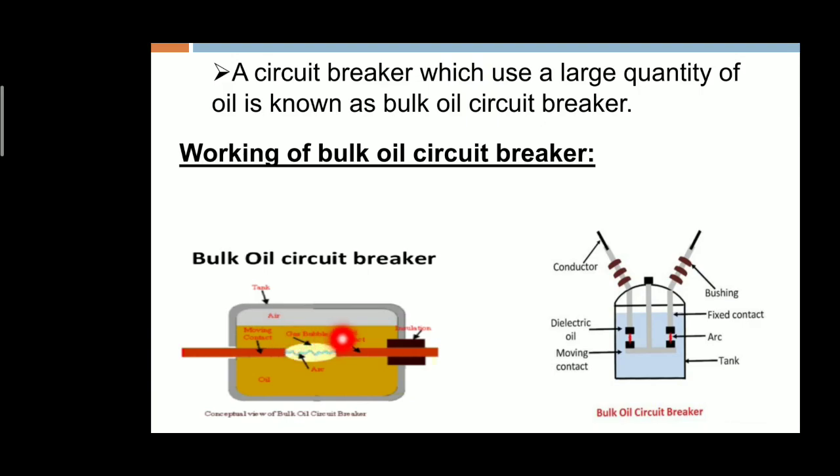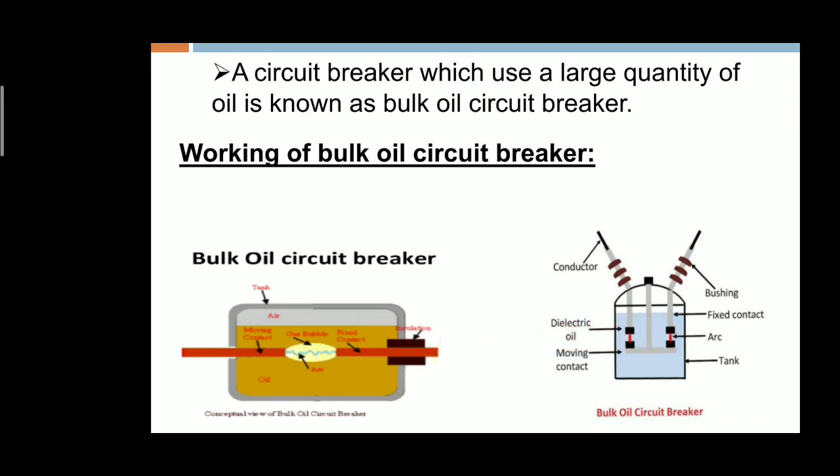This yellow color indicates the oil bubble. In that gas bubble we have the arc. Due to the properties of this gas, the arc will slowly be extinguished. Then we protect the contacts of this circuit breaker.